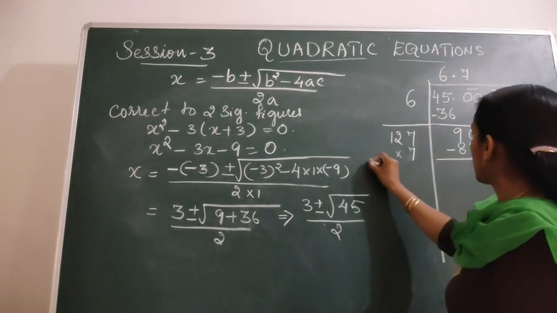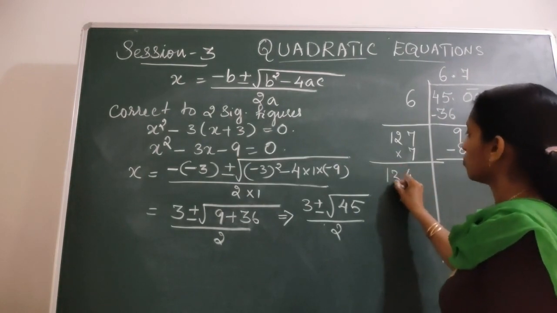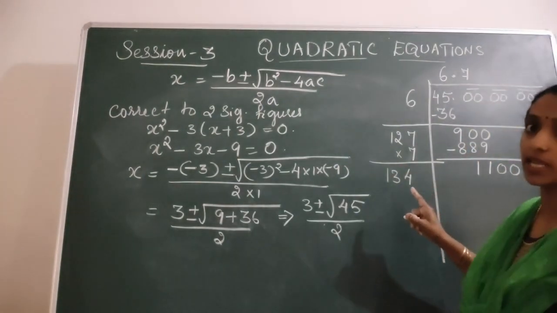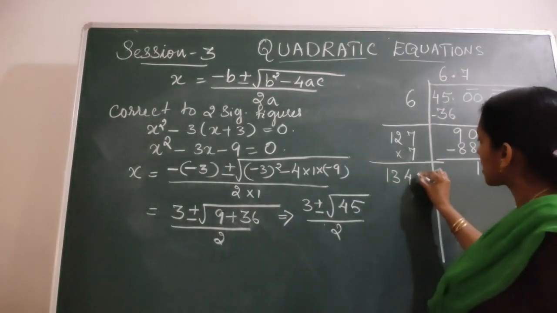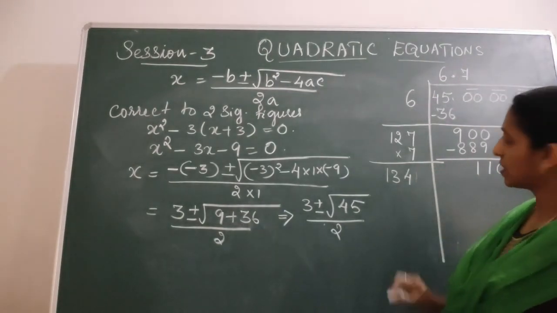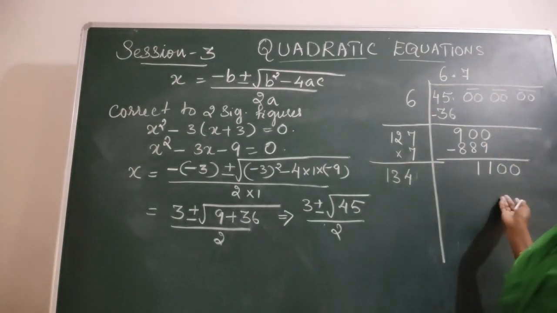Then 67's double you will write. 67's double is 134. If you are writing 1, of course you have to multiply with 1, it goes more than 1100. We are having up to 1100 only.